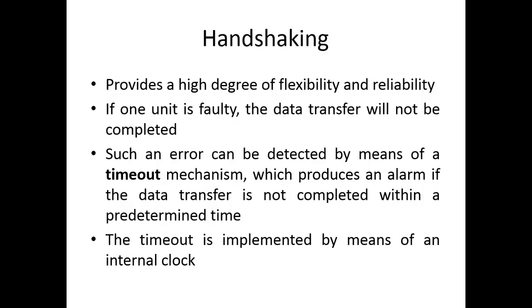If the desired control signal is not received within that period, then the unit assumes that the other unit is faulty or is not in the state of receiving or transferring the information. So in that case, the unit generates an alarm to indicate the error condition. To implement this timeout in practical systems, a separate internal clock is used.